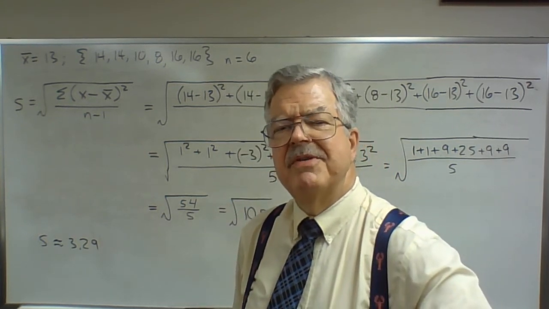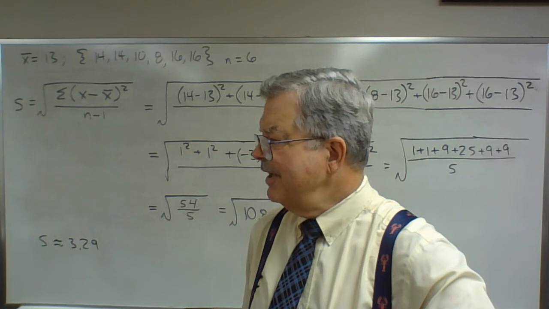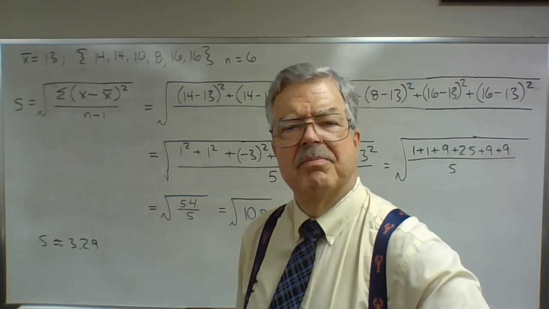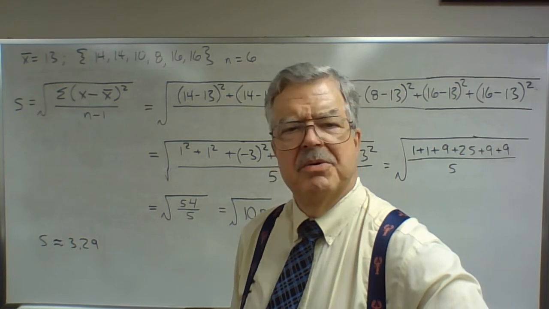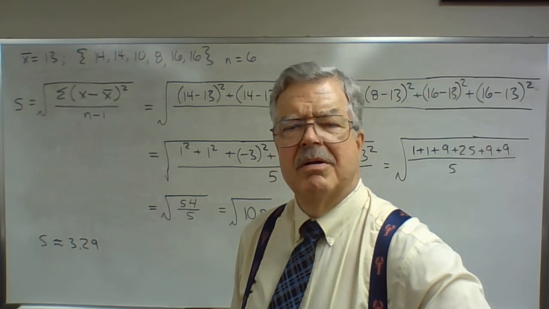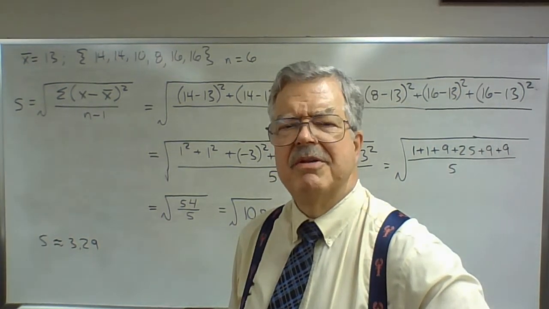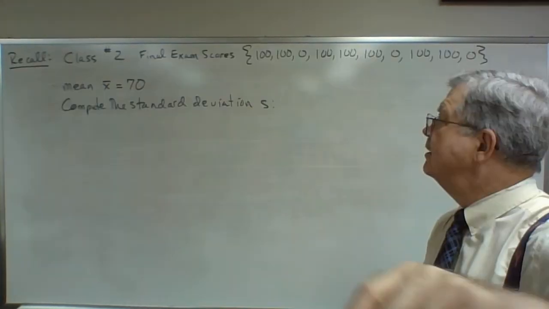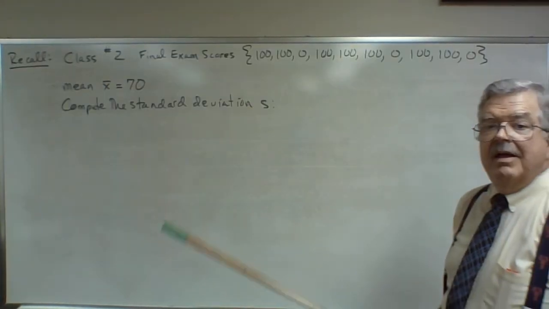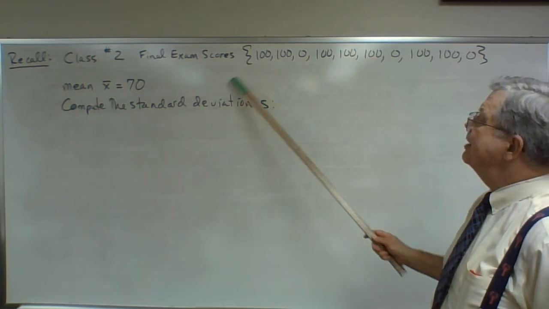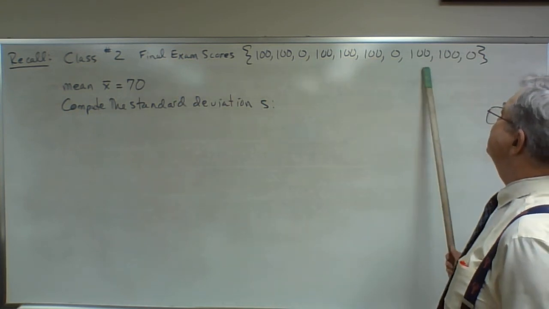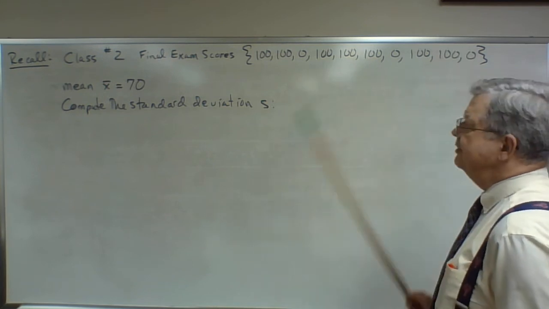Now let's revisit, I think it was class number 2, maybe? Class number 2, I think so. Let's revisit class number 2. Okay, remember class number 2? Final exam scores, we had 7 100s, 3 zeros.